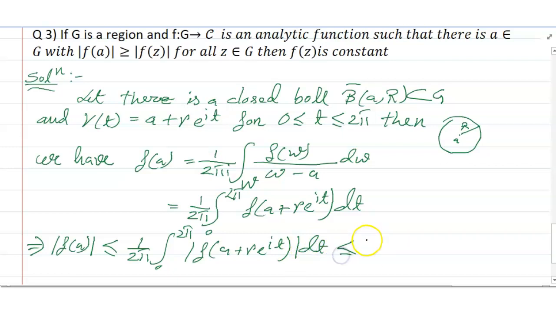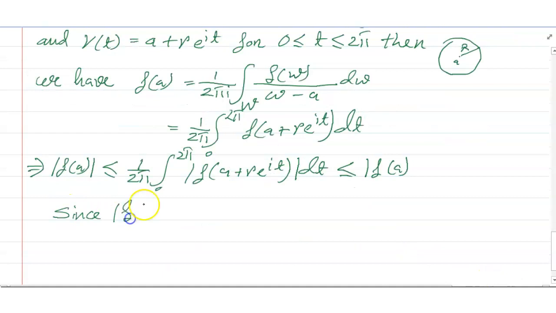That implies mod of f(a) is greater than or equal to 1 by 2π times the integral from 0 to 2π of mod of f(a plus r e to the power it) dt, which is greater than or equal to mod of f(a), since mod of f(a plus r e to the power it) is less than or equal to mod of f(a) for all t. So friends, how can we get this value?